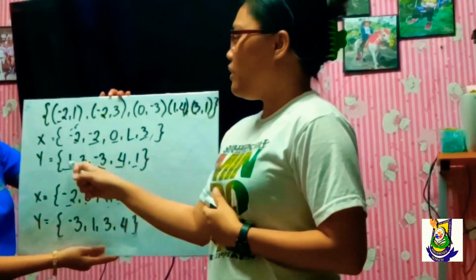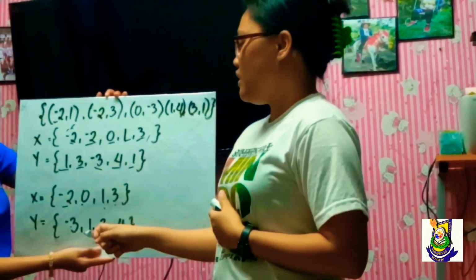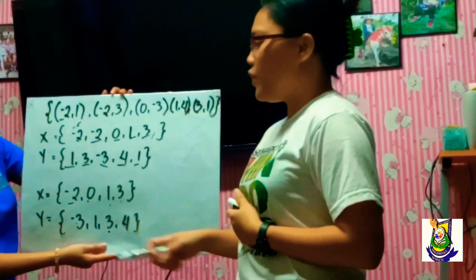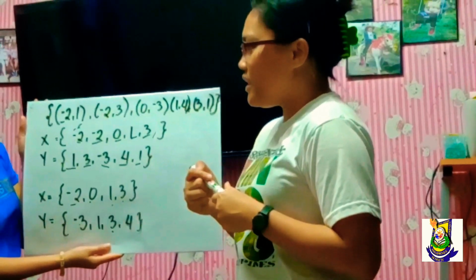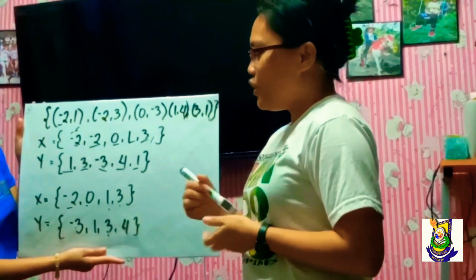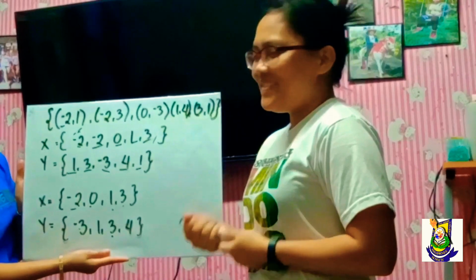And then in the range, negative 3, 1, 3, and 4. When we write this, we should remember to list it in increasing order.